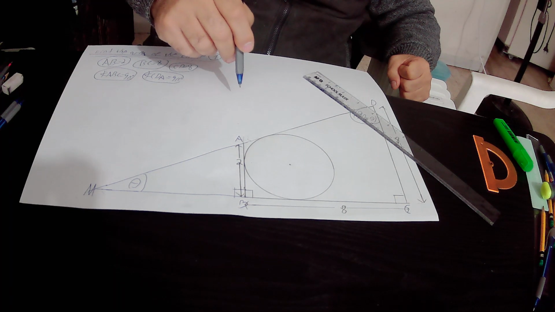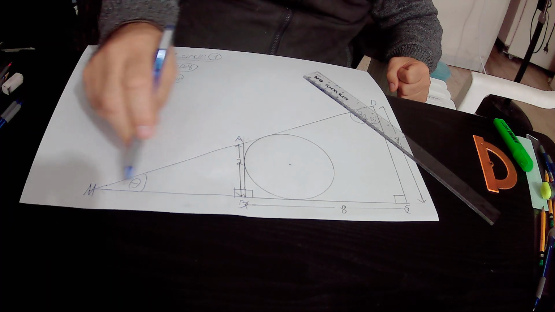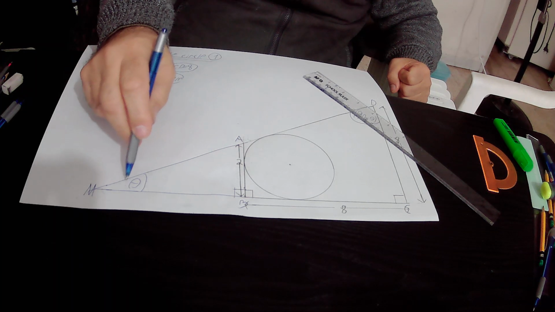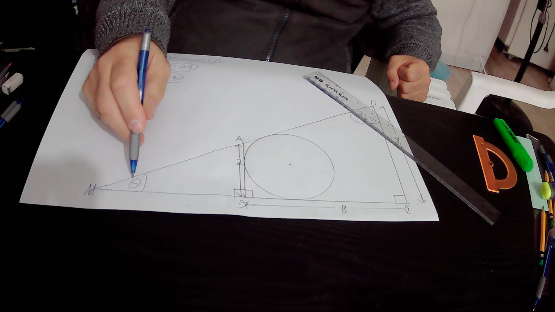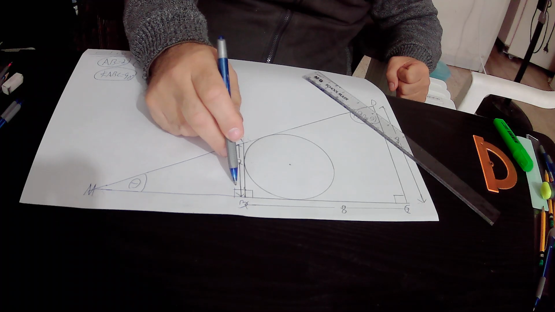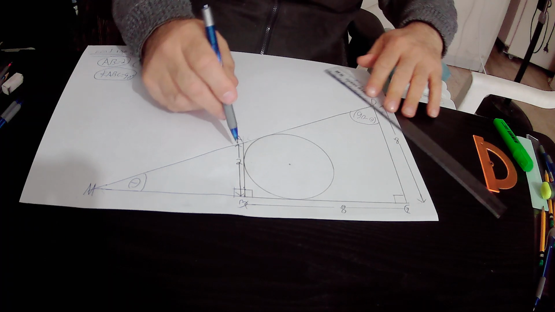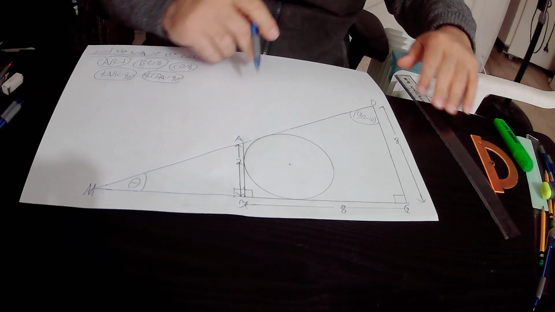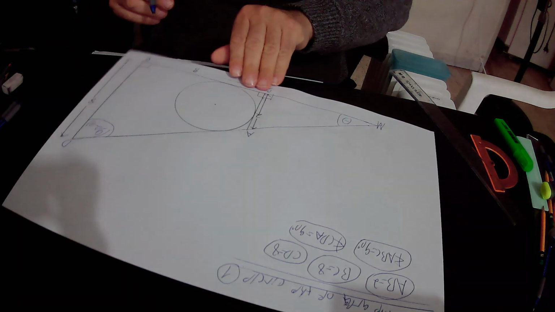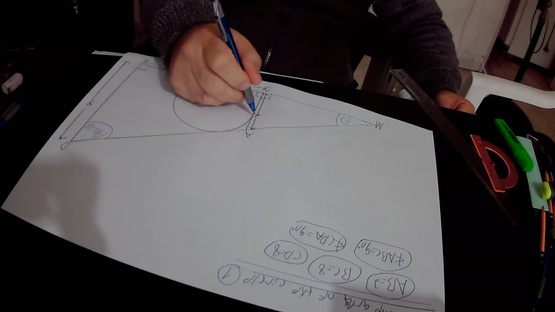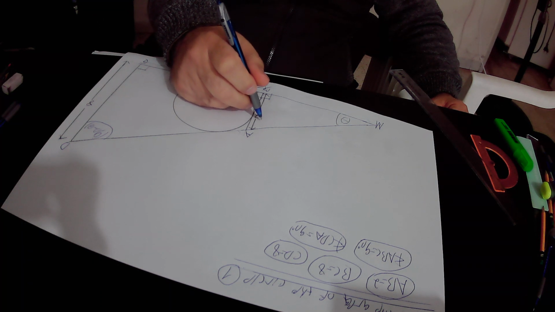So in the next step, we'll focus on the small right triangle MBA. In this small right triangle MBA, this angle equals theta, and this angle equals 90 degrees. Therefore, the missing angle here must be equal to 90 degrees minus theta, according to the same rule that the sum of the angles in a triangle is equal to 180 degrees.